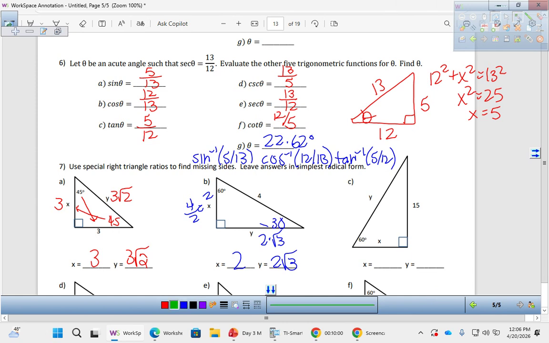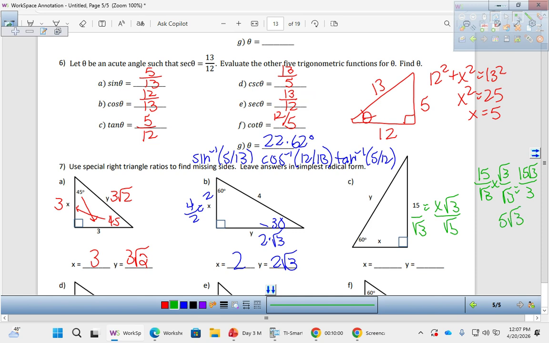Finally, if you have the 60-degree side length, then you have the x root 3 side. And so this one we're going to have to do a little bit of work to solve for x. We're going to divide by root 3. So the short side length is 15 over root 3, which we have to rationalize. So we get 15 root 3 over 3, or 5 root 3.